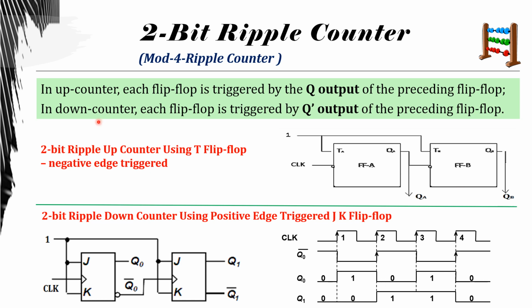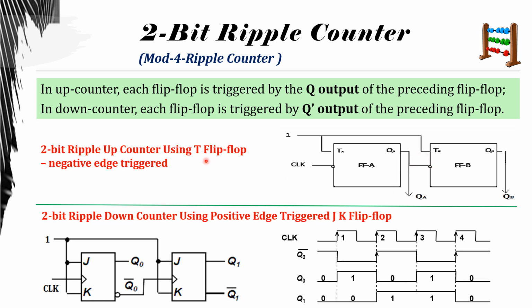Whereas in the down counter, the flip-flop is triggered by the Q bar output of the preceding flip-flop. That is, the Q bar output of the flip-flop is connected as the input clock of the next flip-flop connected in the chain. So that is the difference. If it is up counter, Q is connected to the clock line, and if it is down counter, Q bar output line is connected as the clock input line.